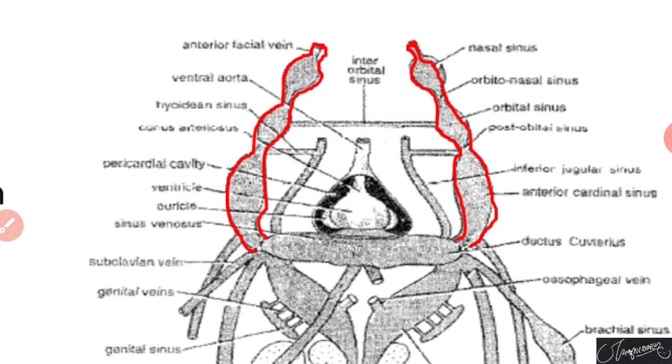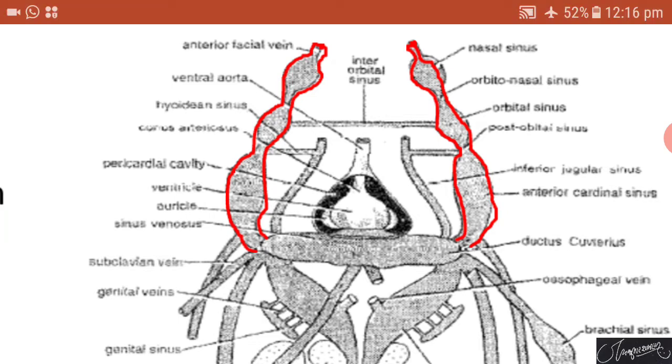Then there is the orbital sinus, and the nasal sinus and orbital sinus are connected to each other. This nasal sinus and orbital sinus are connected by a vein or sinus called the orbitonasal sinus, starting from the anterior facial sinus.